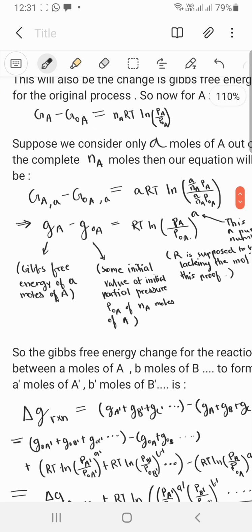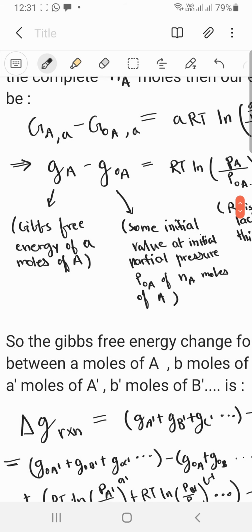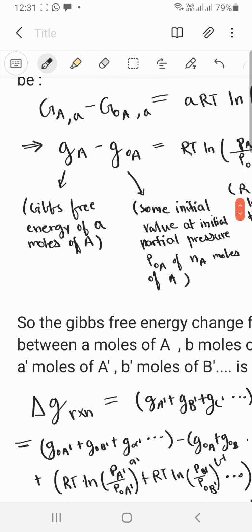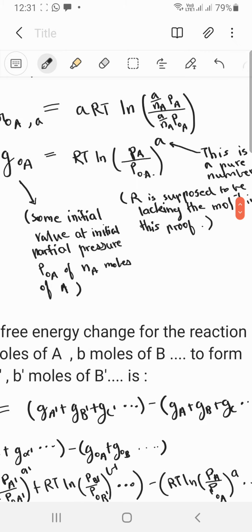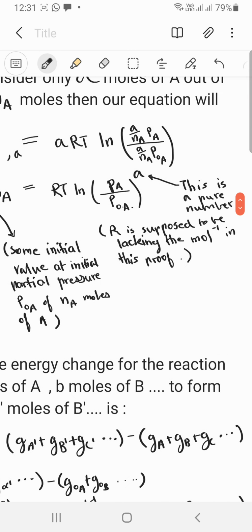So let's just call these Ga comma small a and G naught a comma small a as small ga and small g naught a. So this is the Gibbs free energy of a moles of A, and this naught just says it's some initial value of this Gibbs free energy at some initial partial pressure of NA moles of A. Okay, so solving we get this value of the RHS, and notice that here we have raised some number to the power of a.